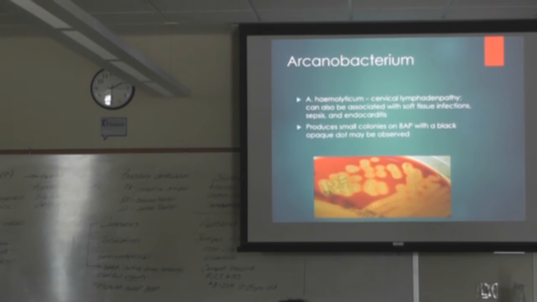The other thing is it's lipase positive and it's penicillin resistant. Erythromycin would be the drug of choice for this one. So just remember when you're studying, look at this and then look at group A strep to see if you can find some differences between the two.